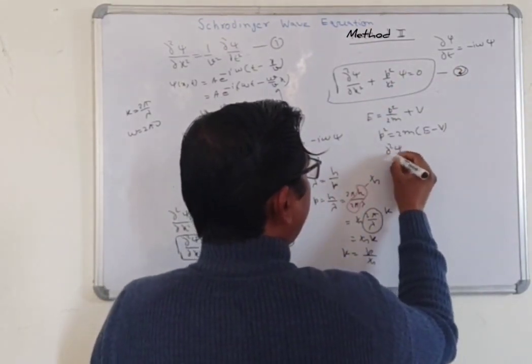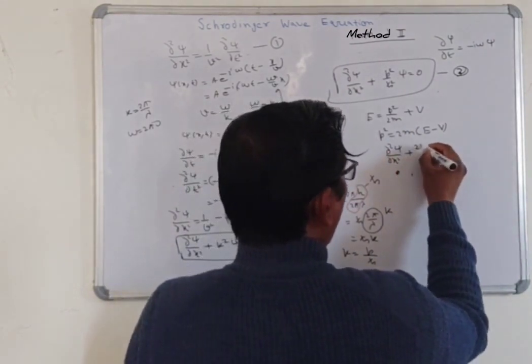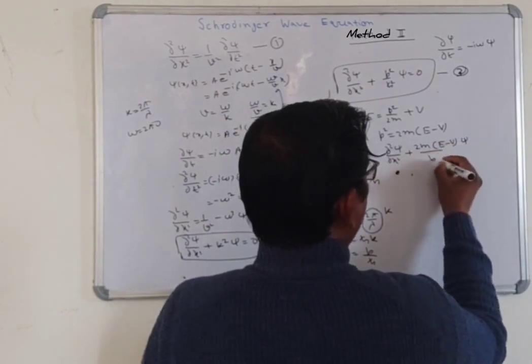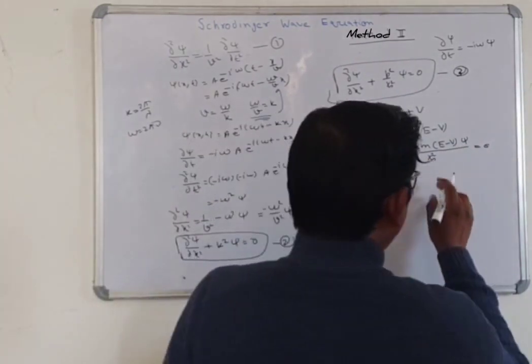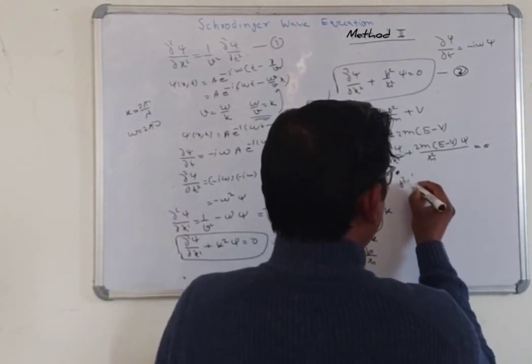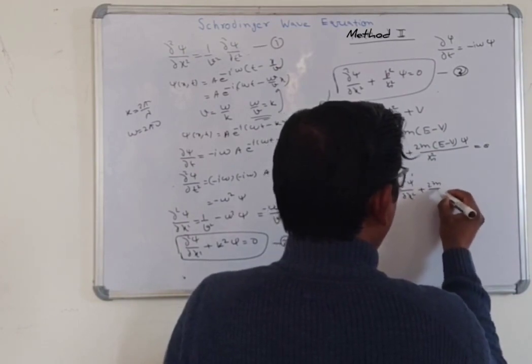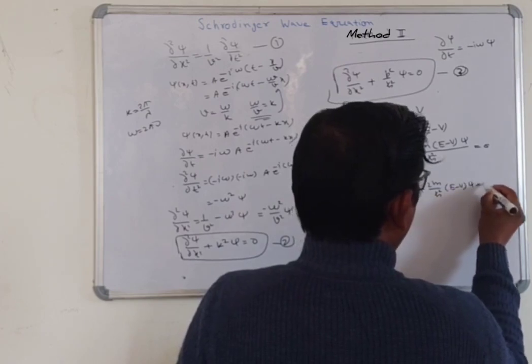So we can write that d square psi by dx square plus 2m into E minus V psi divided by h cut square is equal to 0. Now we can write d square psi by dx square plus 2m divided by h cut square into E minus V psi is equal to 0.